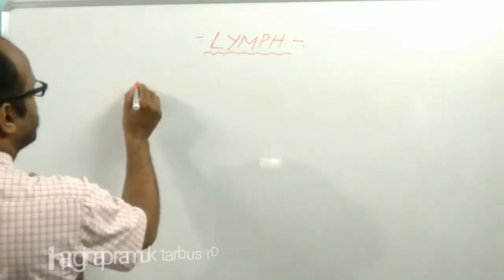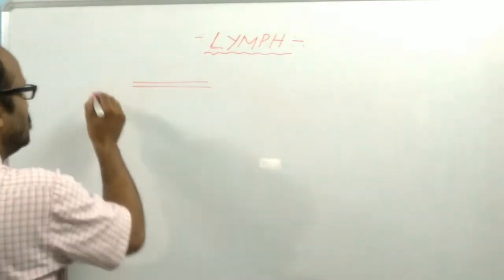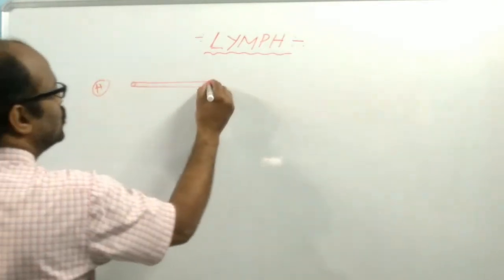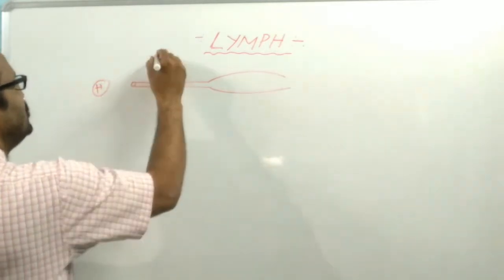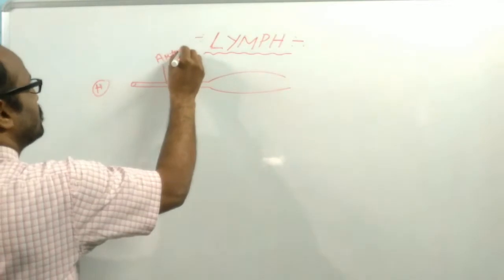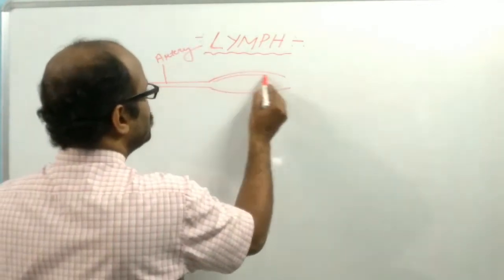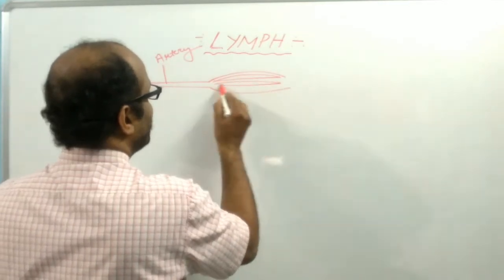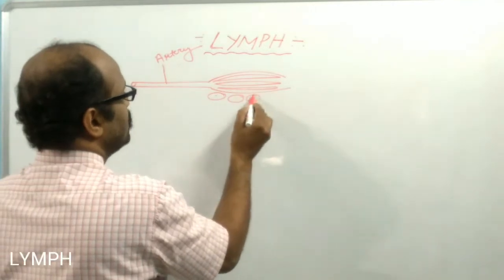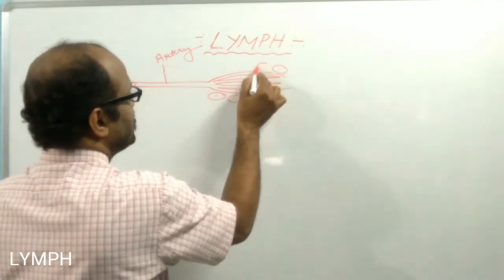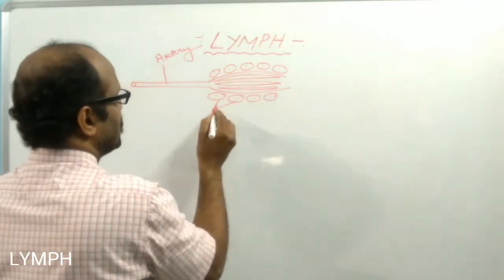As you know, the blood vessel which carries the blood from the heart to the tissue is known as an artery. Such an artery divides and redivides to form the capillaries, and these capillaries are surrounded by tissues or the cells.